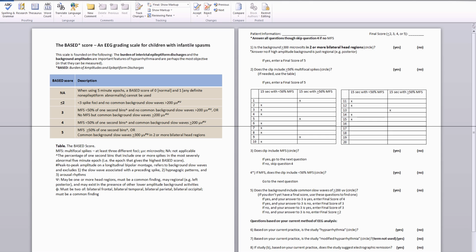This process can be repeated until a decision is made on the burden of epileptiform discharges. In this example, there are 11 15-second pages with less than 50% of 1 second bends with an epileptiform discharge.